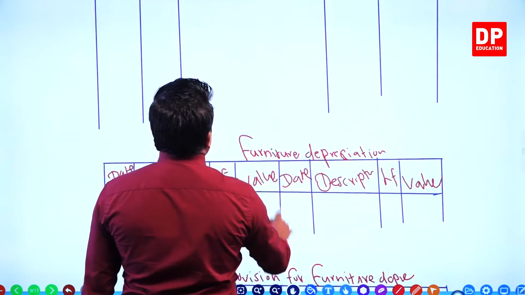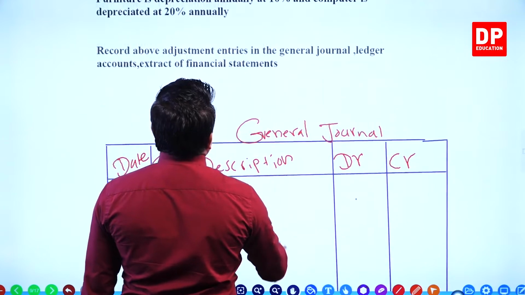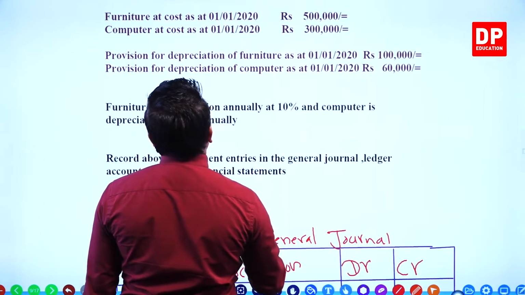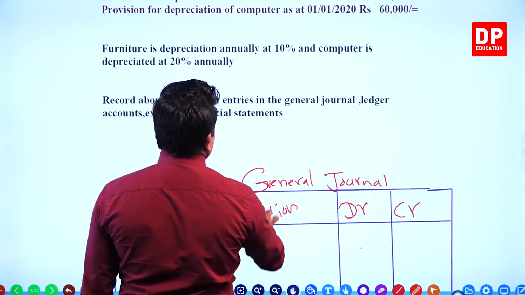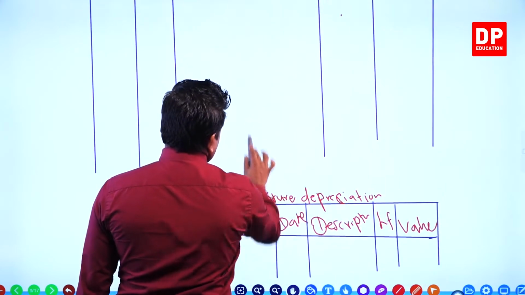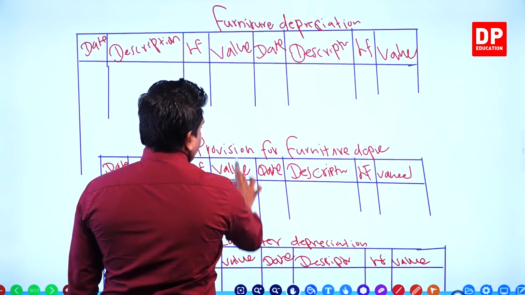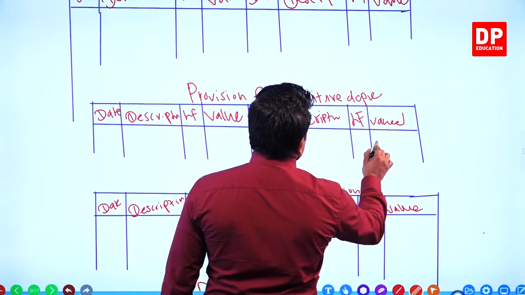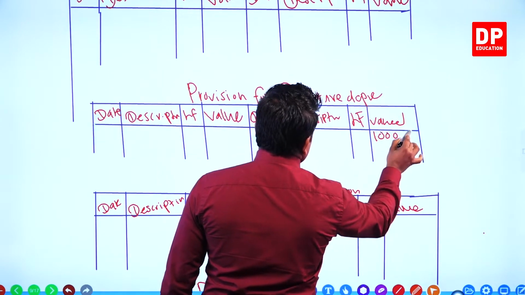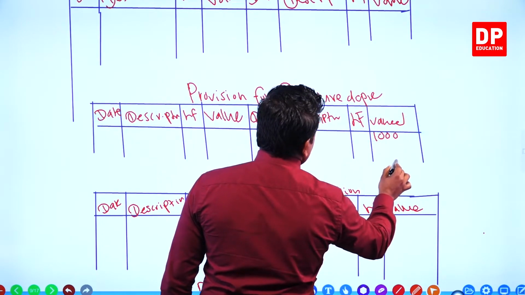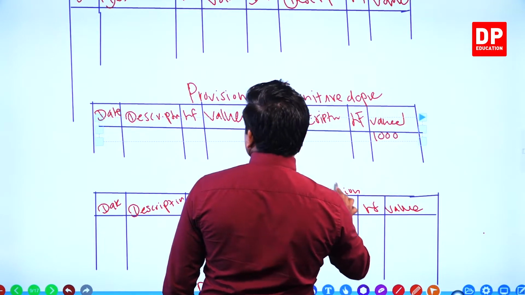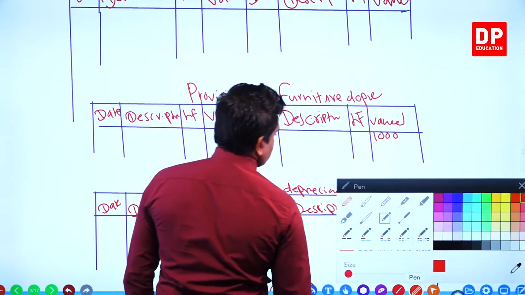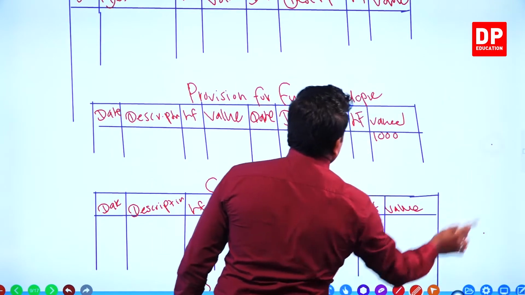Provision for furniture depreciation 100,000, computer 60,000. Furniture 100,000, right?